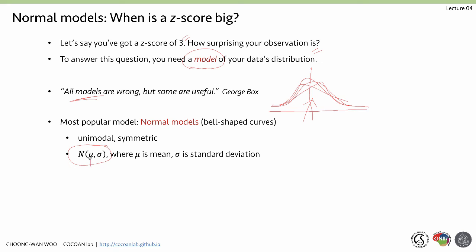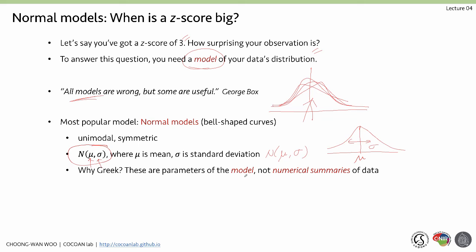Here, mu is the mean and sigma is the standard deviation. So N(mu, sigma) means a distribution that has mu as its mean and standard deviation sigma. Why are we using Greek here all of a sudden? These are parameters of the model. These are theoretical values about the population, not numerical summaries of your data.